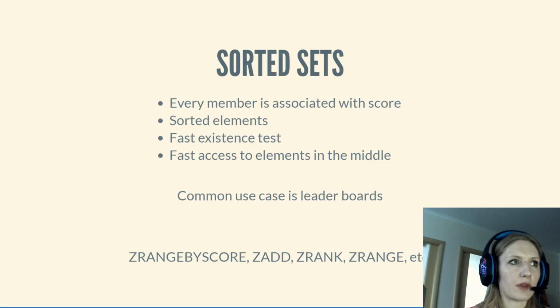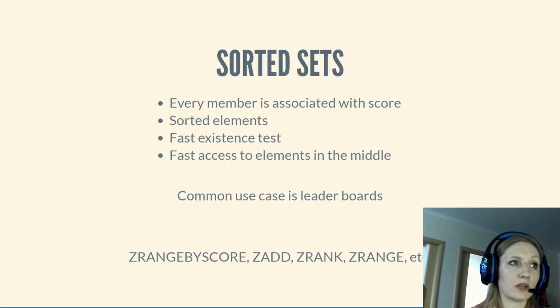Lists, for example, have very fast access to the head and to the tail of the list, but at the same time it's very slow to get to the middle of the list. Sorted sets, at the same time, are fast at taking middle elements too.